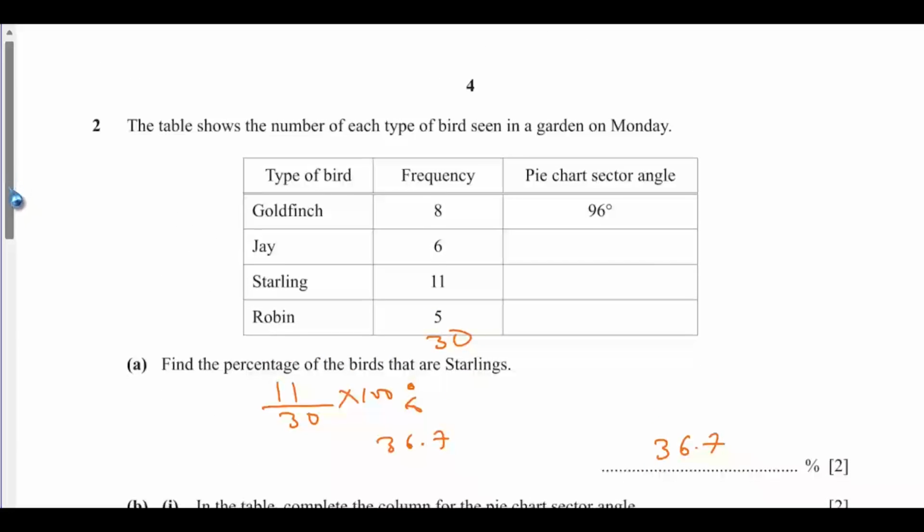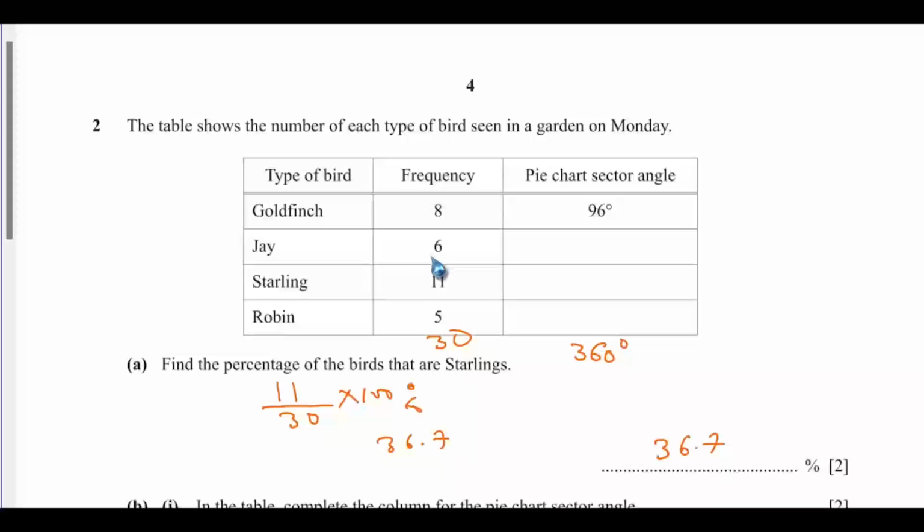So what you need to do is that you know that the total of the angles will be 360 degrees. Okay, so to get the sector angles, you have to divide each of the frequencies by the total, then multiply by 360.